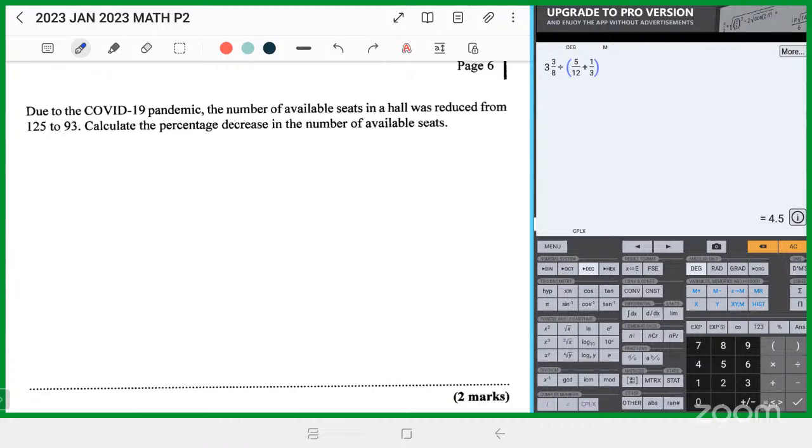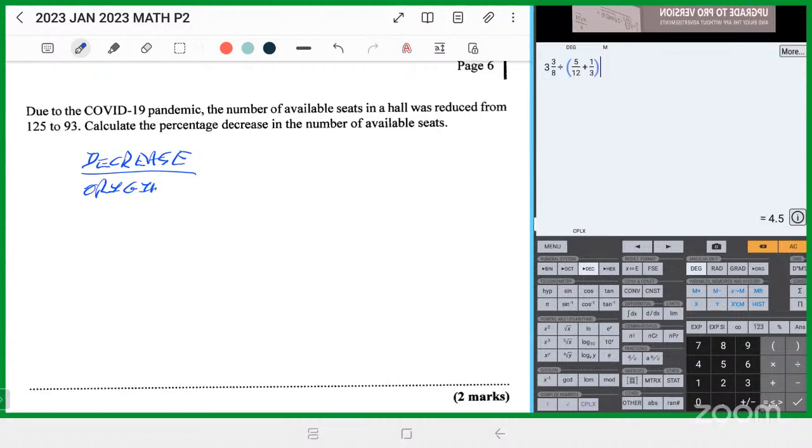So it's going to be the decrease in the chairs divided by the original number. I want to know what the decrease is in relation to the original number, multiplied by 100 to get a percentage. What's the decrease? It's 125 minus 93.